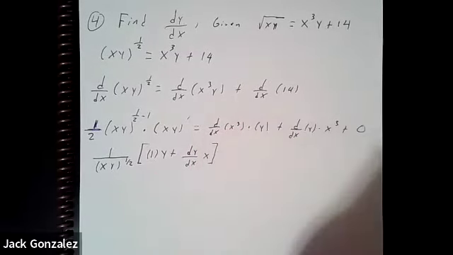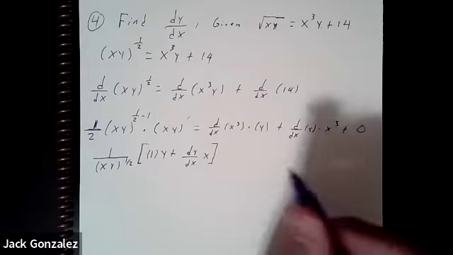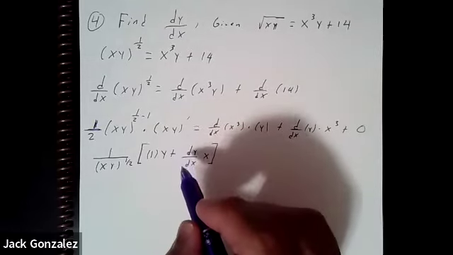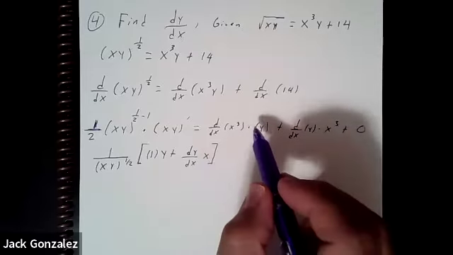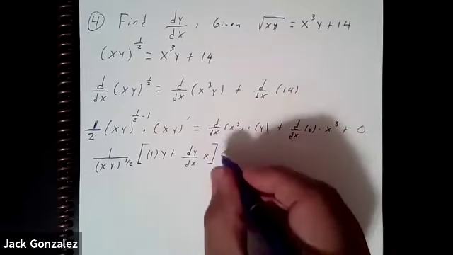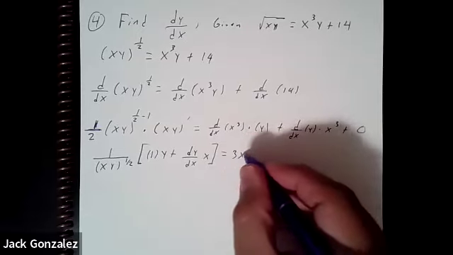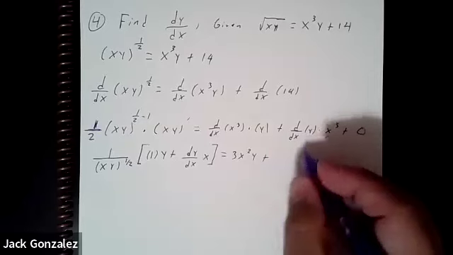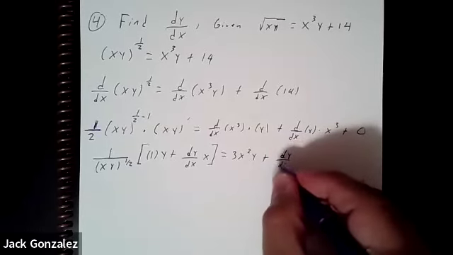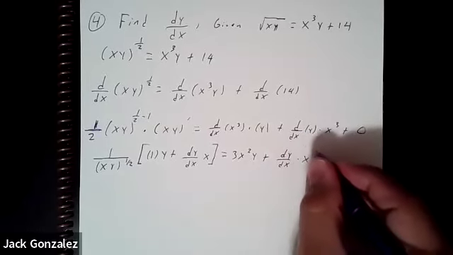So there's the product. So that's this implicitly. Then the derivative of this would be 3x squared y plus the derivative of this guy, dy/dx times x cubed.